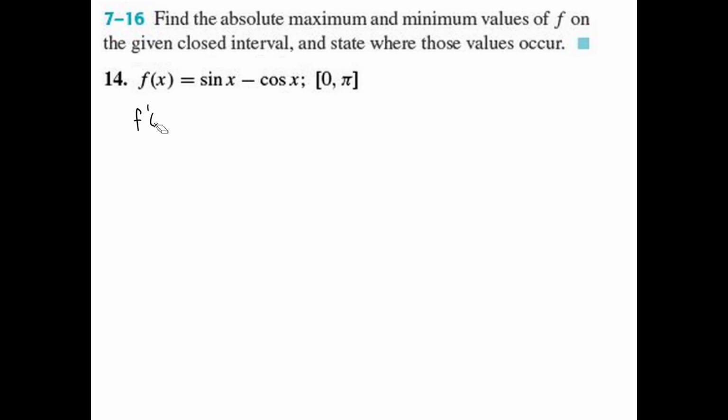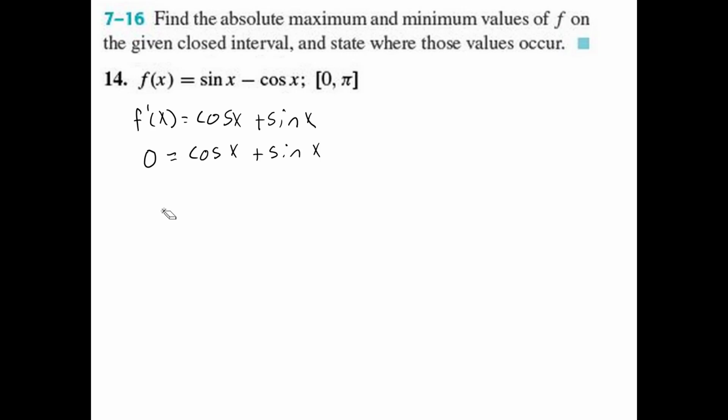So find the derivative. F prime of x is equal to the cosine of x plus the sine of x. Find the zeros of this in the interval from 0 to pi. So can't do that by inspection. So I set that equal to 0. And we saw this on our last section.